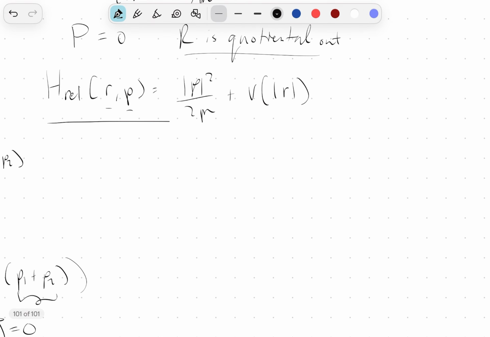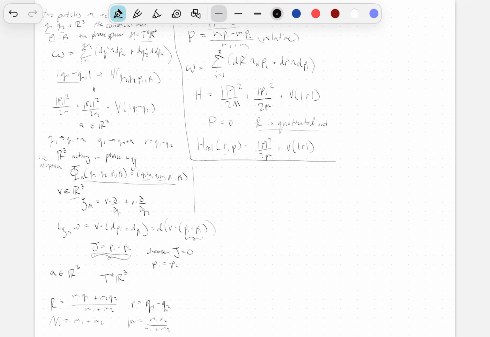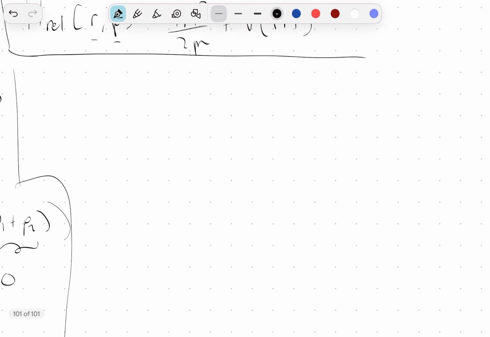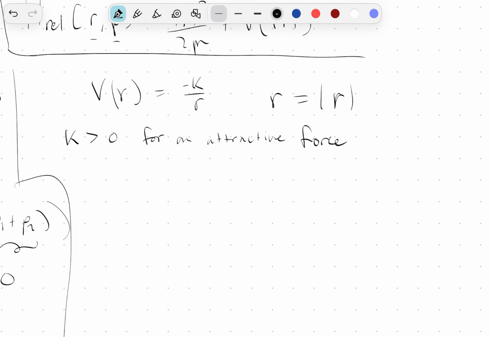Now, what we can do now is take the inverse distance potential. So let's say V(r) is equivalent to -kappa over r, with r being the magnitude of that separation vector, and with kappa being greater than 0 for an attractive force.